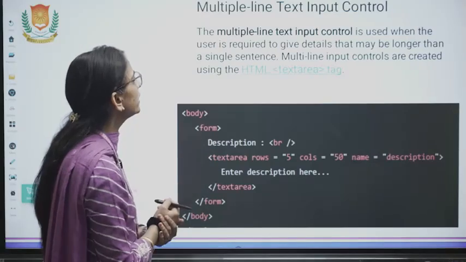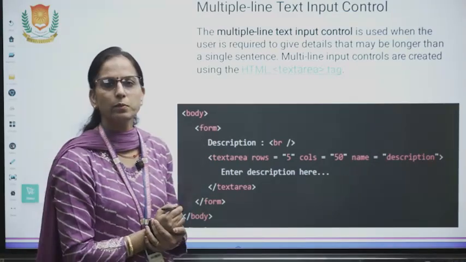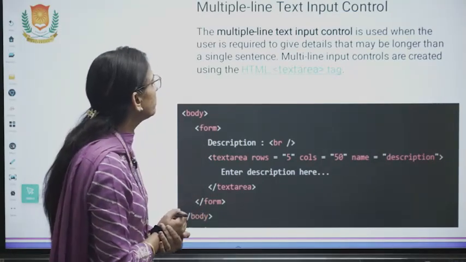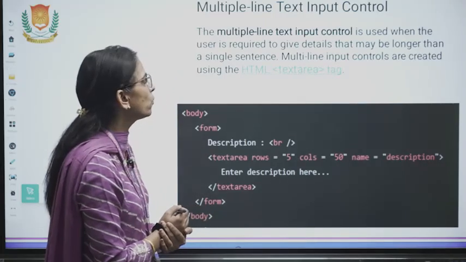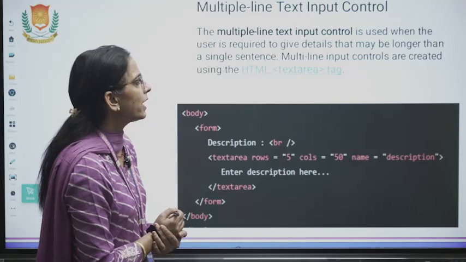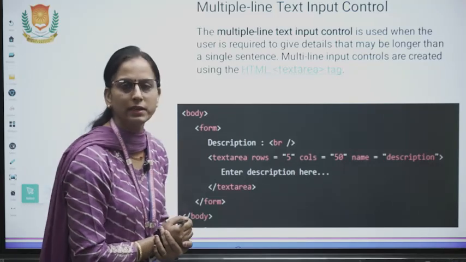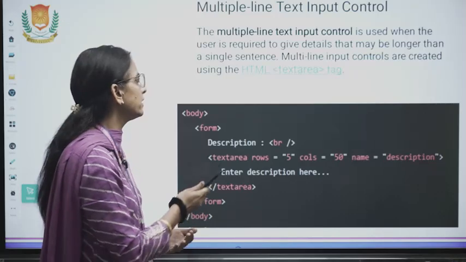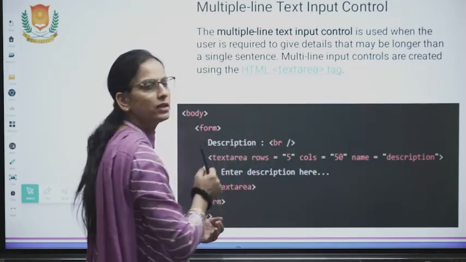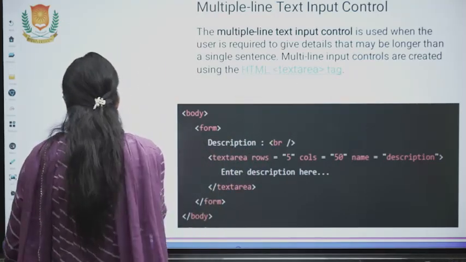Then the third one is the multiple line text input control. The multiple line text input control is used when the user is required to give detail that may be longer than a single sentence. Multiple line controls are known as text areas. What are text areas?